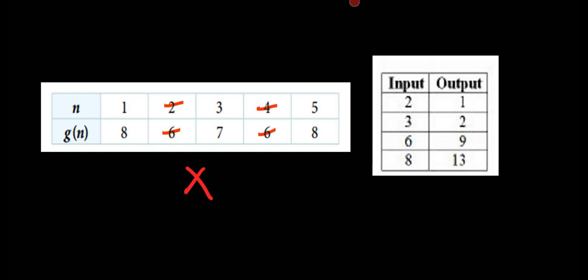In the second table, we see that the output value 1 corresponds to 2, 2 corresponds to 3, 9 corresponds to 6, and 13 corresponds to 8. So from these, you can see that each output value corresponds to exactly one input value in this table. Therefore, this function is a one-to-one function. I hope this makes some sense.